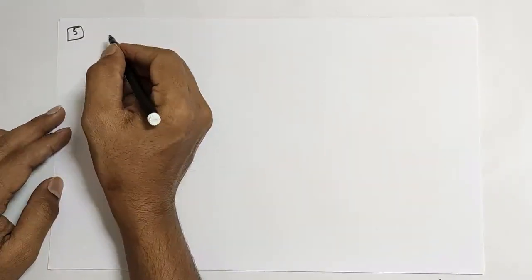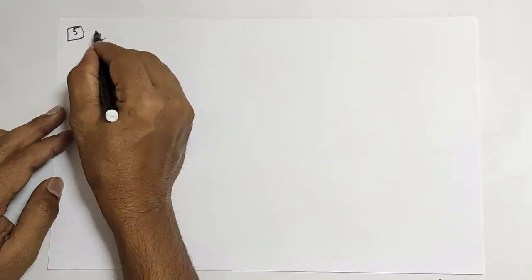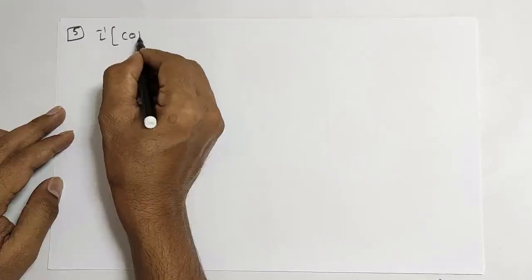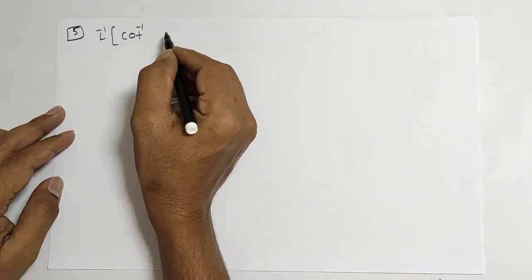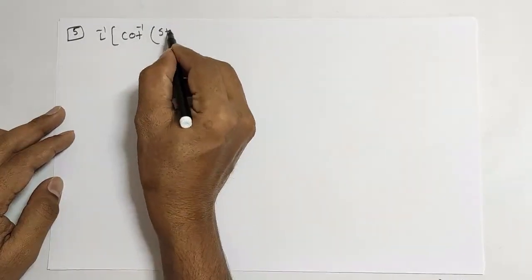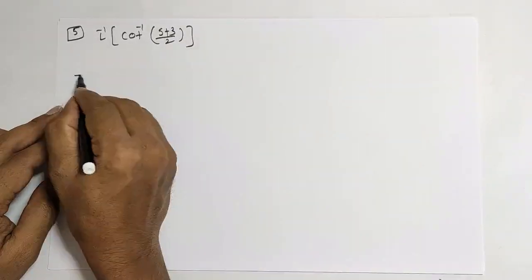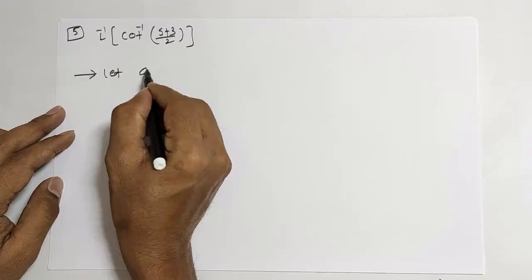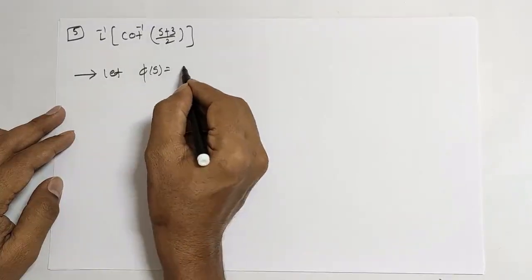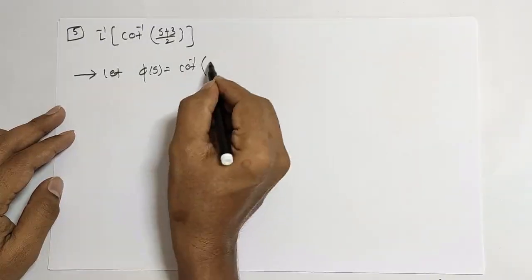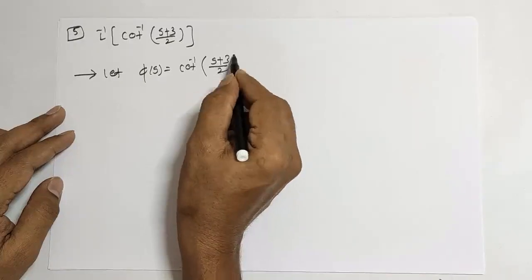Okay, let us solve a few more examples. Suppose I want L inverse of cot inverse of (s plus 3) upon 2, right? So let us consider, you know the procedure. Let phi of s is equal to cot inverse of (s plus 3) by 2.